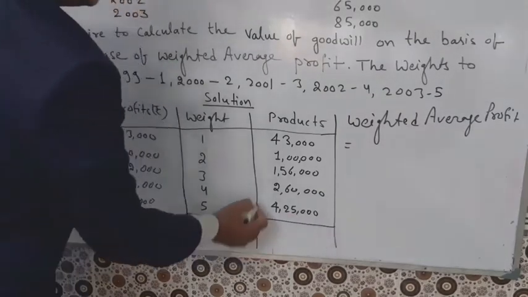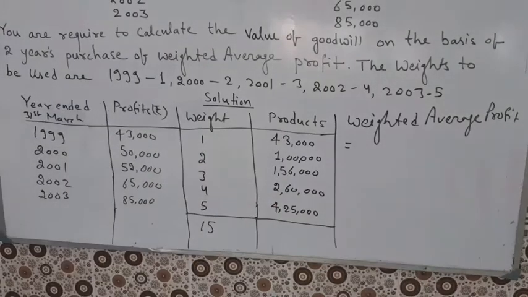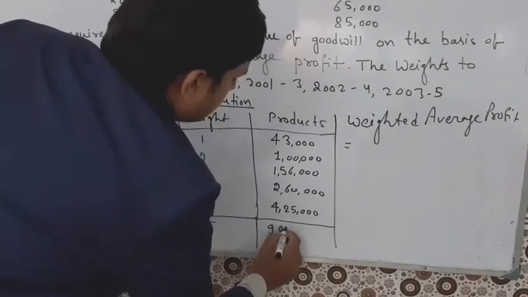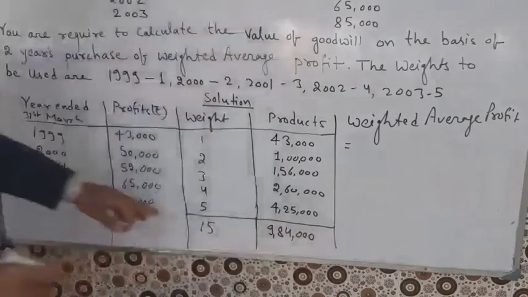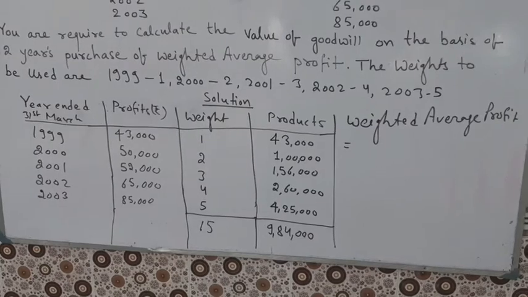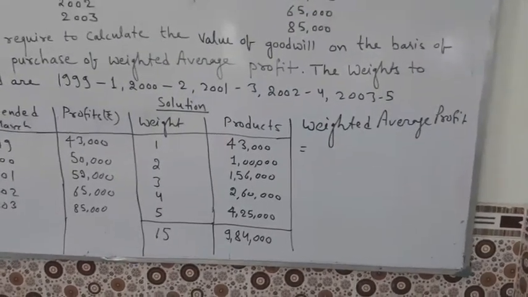And you will add the products: the total is 9,84,000. We know the formula of the weighted average profit method.